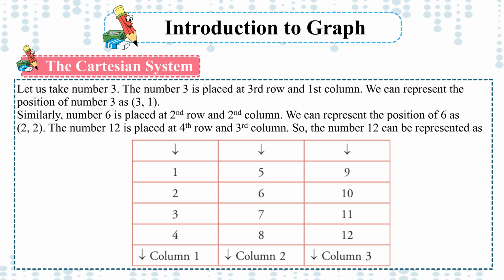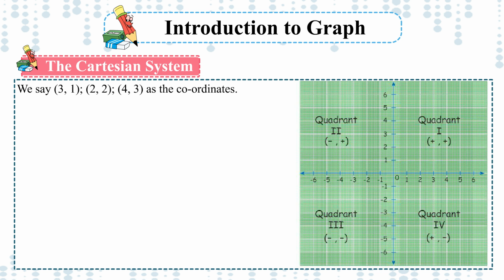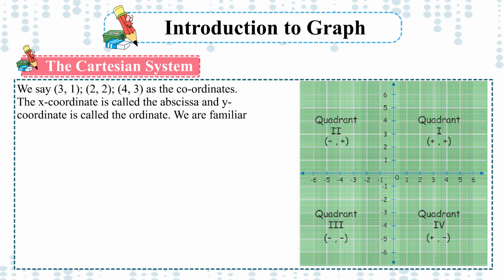The number 12 is placed at fourth row and third column. So, the number 12 can be represented as (4, 3). We call (3, 1), (2, 2), (4, 3) the coordinates. The x-coordinate is called the abscissa and y-coordinate is called the ordinate.